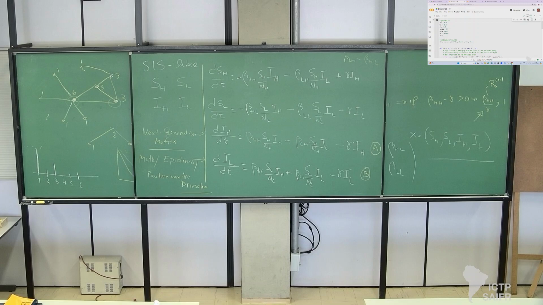Now you assume I have the network. Okay, then you can calculate obviously the relative proportions of the betas. But these betas are not only the number of contacts, but the proportion of contacts times the actual number of contacts times the probability of infection, which was the beta without index before.